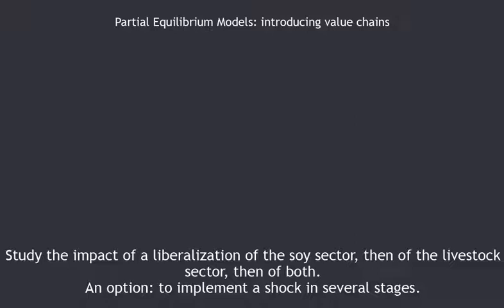And if it is not enough, if it remains difficult, you can cut the shock in 2, 3, or 4 stages. For example, if you want to cancel import duties in the soy sector or the livestock sector, you cut the import duties by half, you ask for a solve, and then you cancel completely the import duties in this sector.